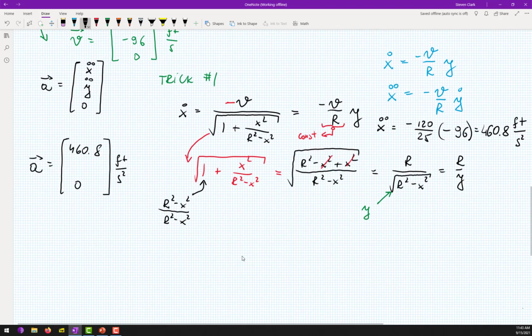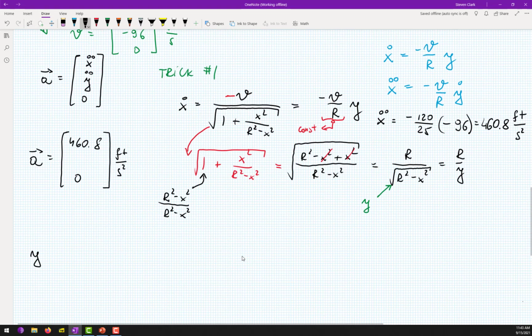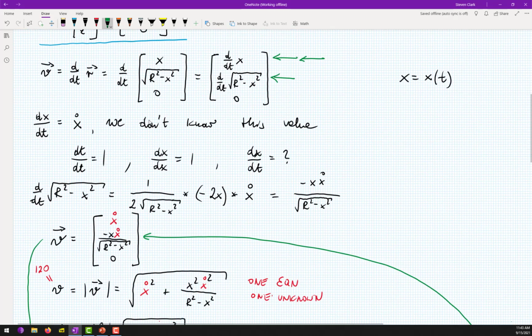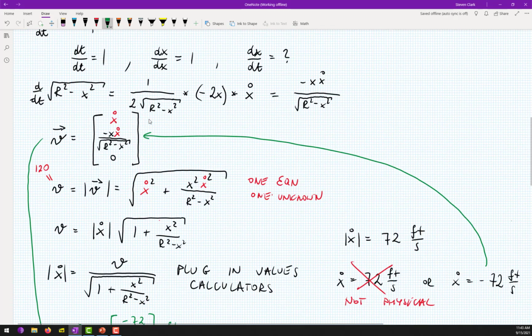Let's find y double dot. How can I do it? There is trick number 2. I would like to take this expression right now.